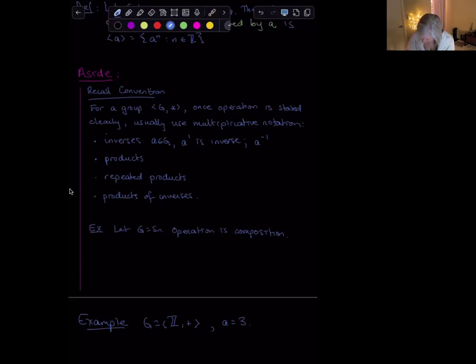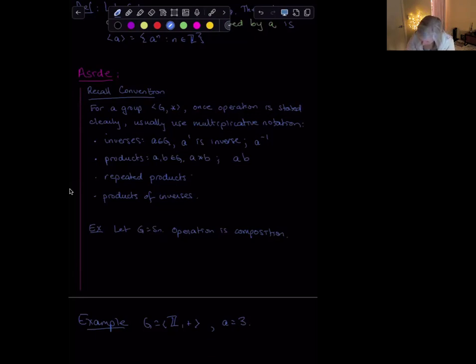Same thing for products. If I have A, B in the group, we could either write A star B, that's the normal notation, but we could also write AB, and just leave the star off. If we write AB, it's implied that we know what the operation is. It's the only operation we've been told of, so that's the one we're going to use.